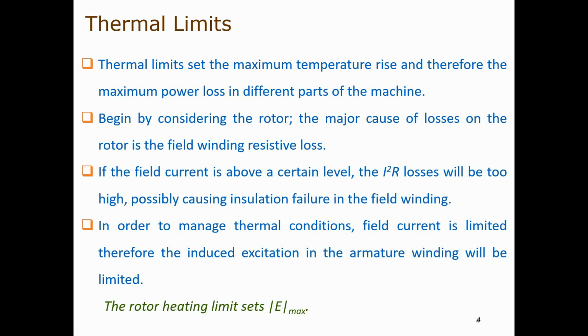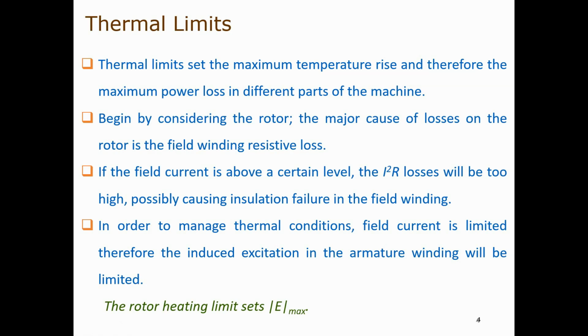So the major losses in the rotor are the rotor resistive loss or the field winding resistive loss, which is represented by If square into Rf, where If is the field winding current and Rf is the field winding resistance. If the field current is above a certain level, then If square Rf losses will be very high, which may lead to the failure of insulation and the winding may burn out or the rotor may get damaged.